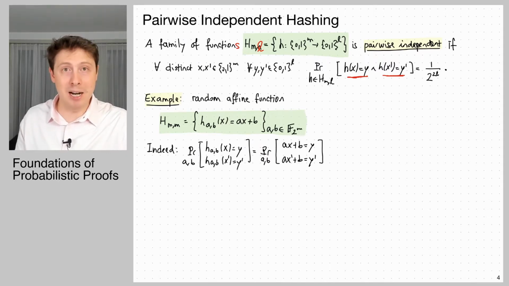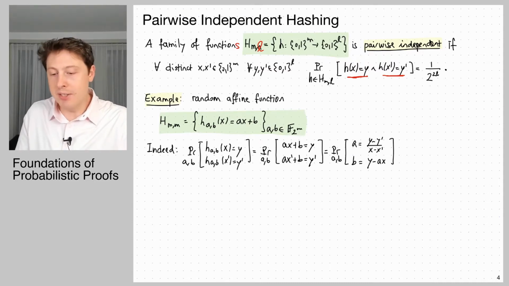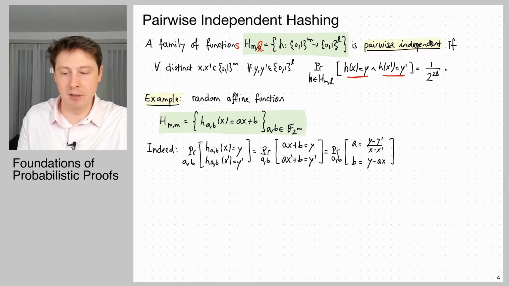Because x and x prime are different, we can solve the system of linear equations, and we get the two equations: a equals (y minus y prime) over (x minus x prime), and b equals y minus ax. Now let's see what's happening. This is just a fixed value, some element in the field. And we're asking, what is the probability that if I sample a and b independently as two random field elements, a happens to equal this one?